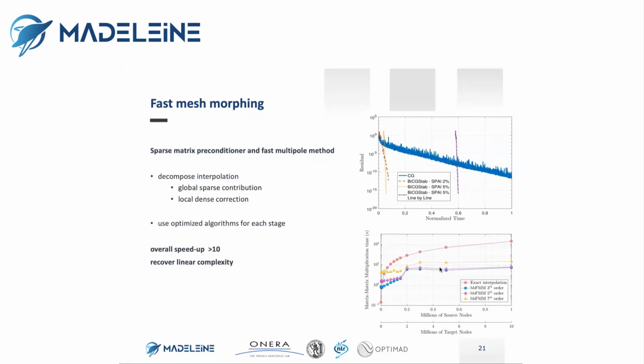So when we have to deal with a big problem, the cost will not explode as in the original algorithm. And this can be seen in this graph, where you can see that as the size of the problem increases, the optimized version of the RBF morphing technology remains nearly constant.